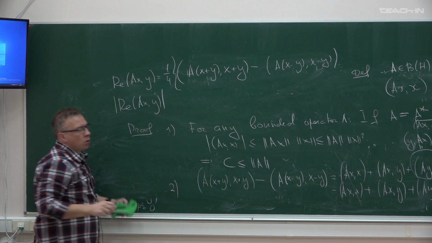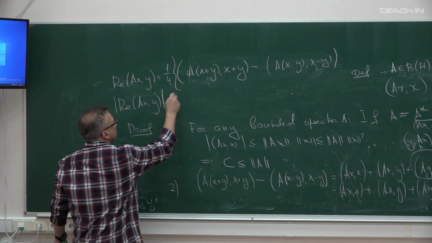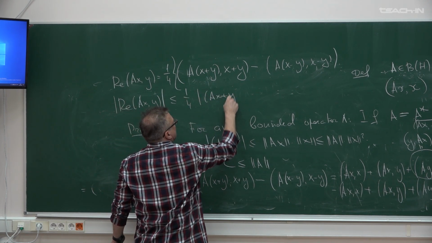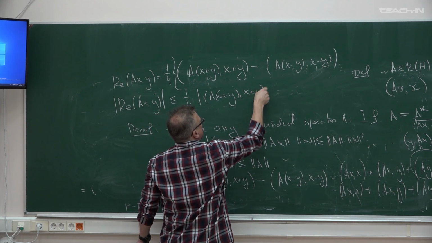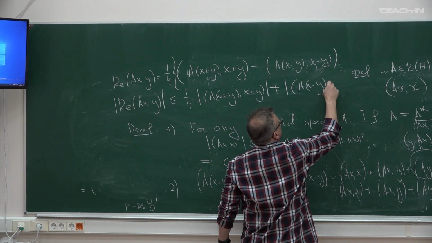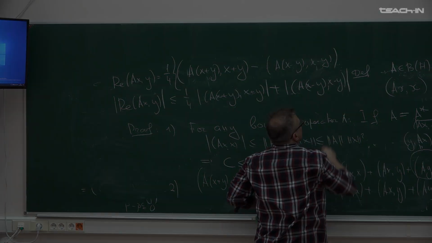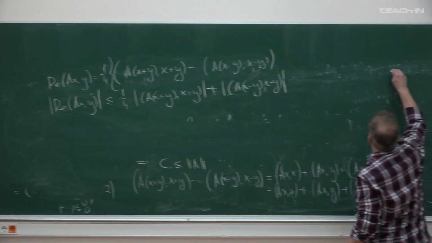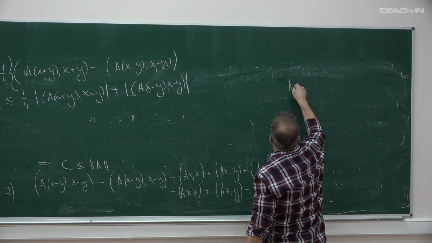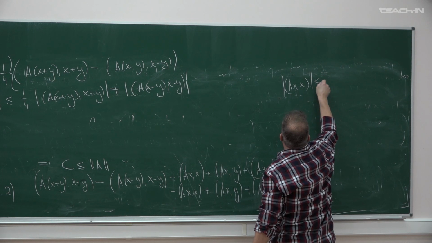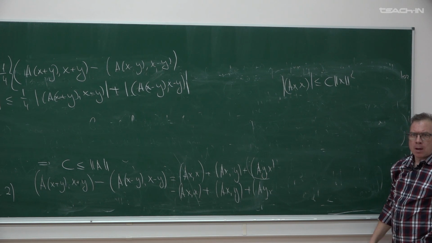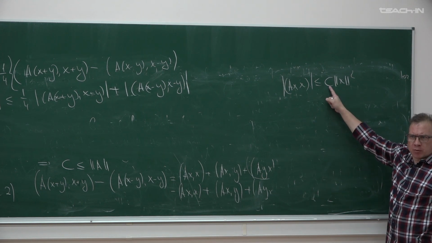Let's try to estimate the absolute value. Is it clear that for any operator, we use a self-adjoint operator, that the quadratic form can be estimated in the following way? I remind you that C capital is the supremum on the unit sphere.